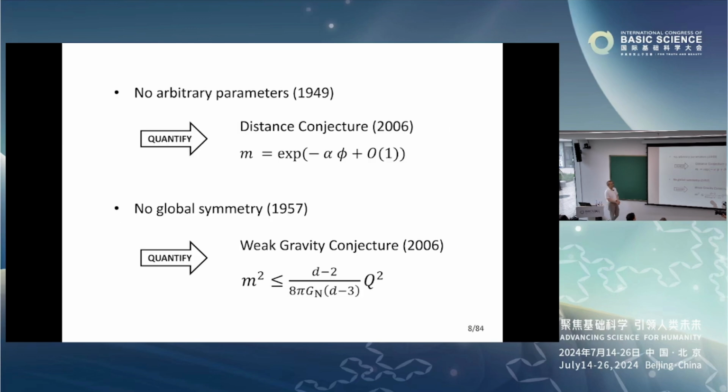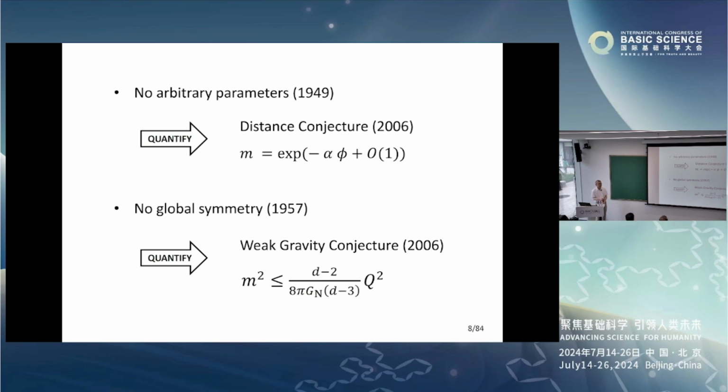So today I would mainly talk about these two types of constraints. One is the absence of parameters in low energy theory, and you can sharpen this requirement and also quantify it by formulating it as a distance conjecture.